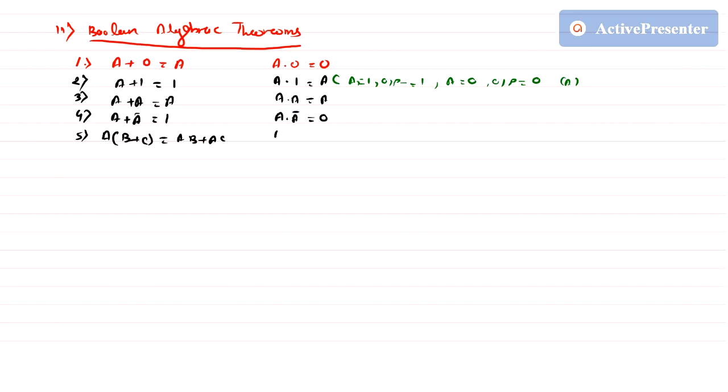Again here if I write A plus BC, it will be A plus B whole into A plus C. If you open this bracket, then you will get this expression. How? One term will be A plus A, and this is how the theorem says. If you expand this and multiply, you will get the expression back.